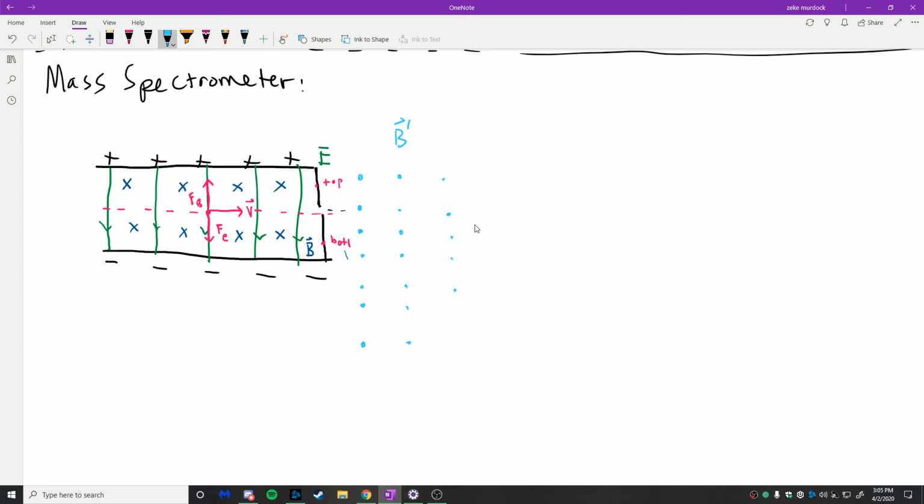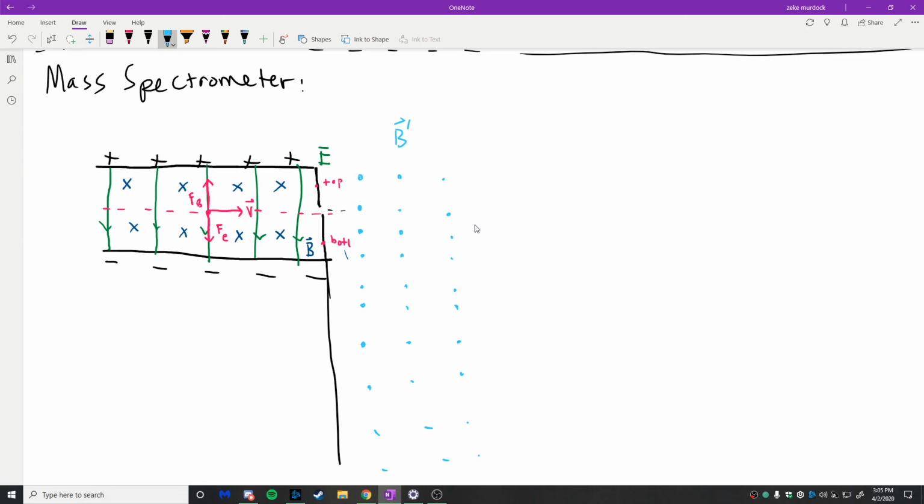Probably drawing way more dots than I need here, but whatever, you get the idea. There's this regime where you've got this magnetic field, and it's coming out of the board. So dot, dot, dot. You get the idea. Magnetic field all in this region here.